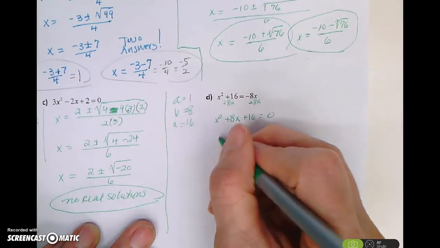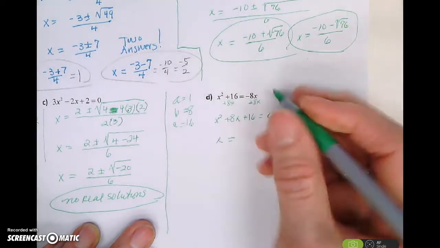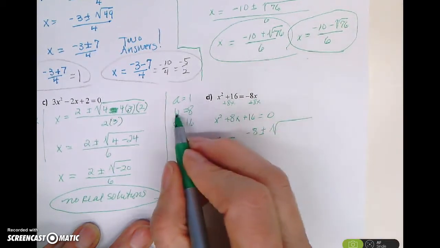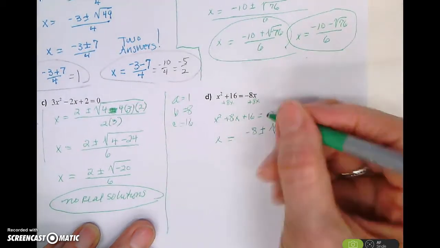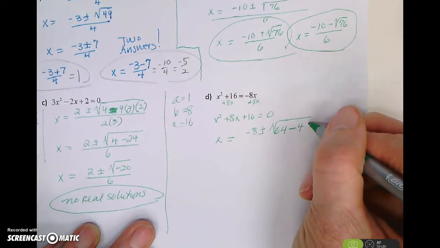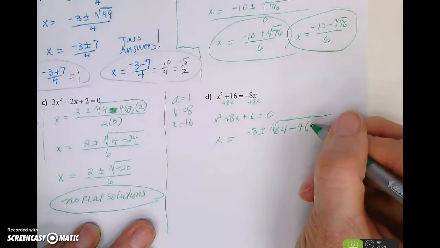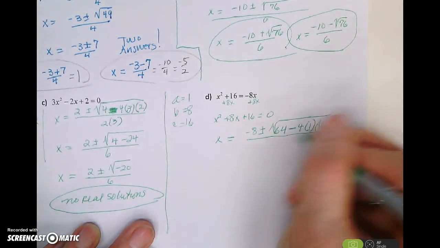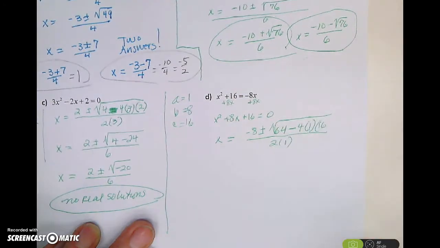So quadratic formula, x is equal to the opposite of b, so negative 8 plus or minus the square root of b squared, so it's going to be 8 times 8, which is 64, minus 4 times a, which is 1, times c, which is 16, all over 2 times 1.